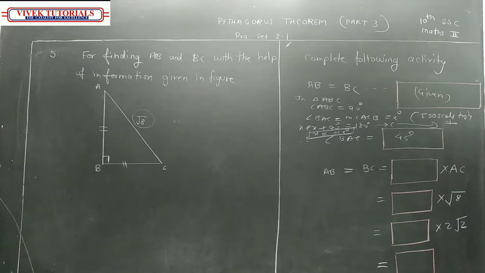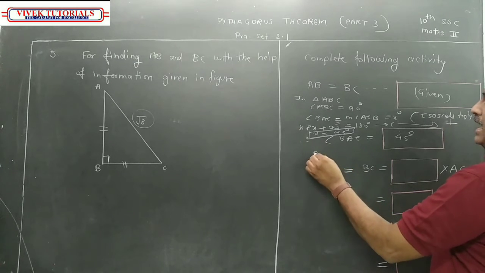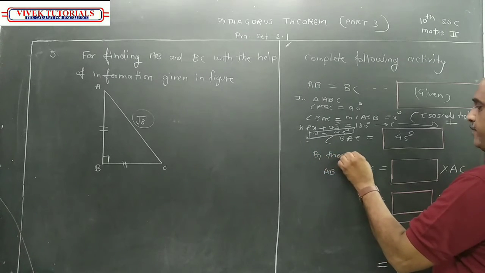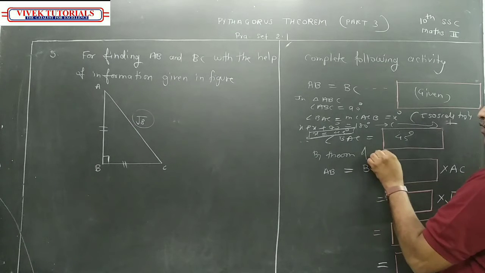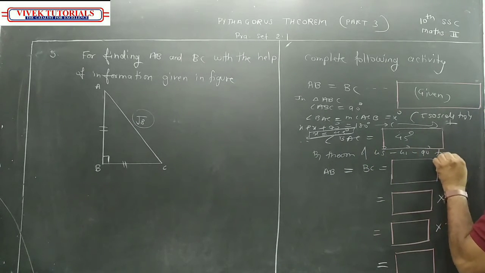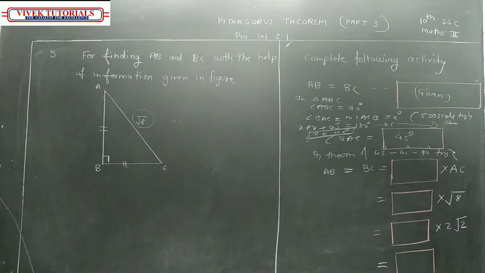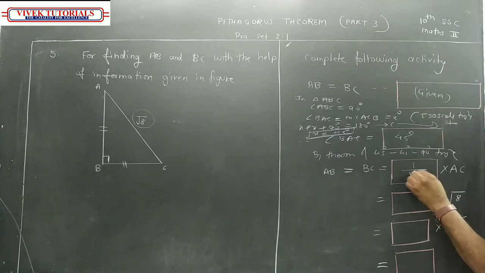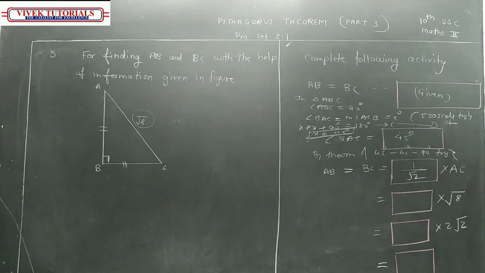You got it? Therefore, by the theorem on 45, 45, 90 degrees triangle, this AB is equal to BC is equal to 1 upon root 2 times of AC.